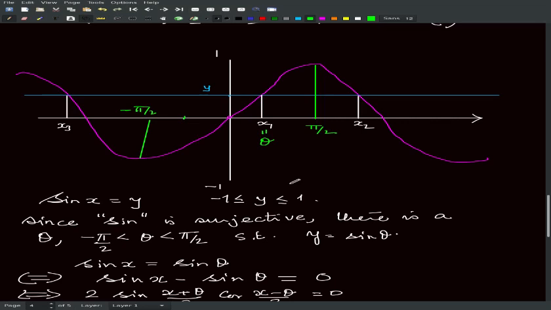So you see, these simple calculations that we did in our school life are very important. They give rise to these abstract notions.